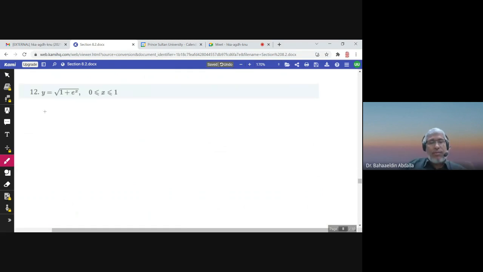Here, S again with rotation with respect to x-axis. So 2 pi y, 1 plus y prime square dx, because the limits are given with respect to x, and y prime is written as function of y, so that's good. So let us find y prime.